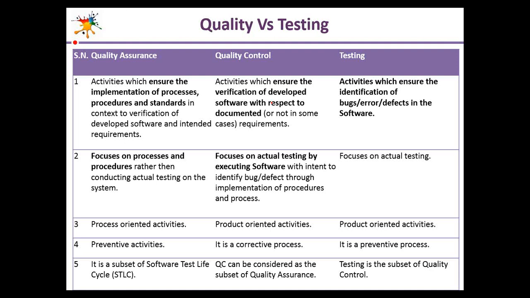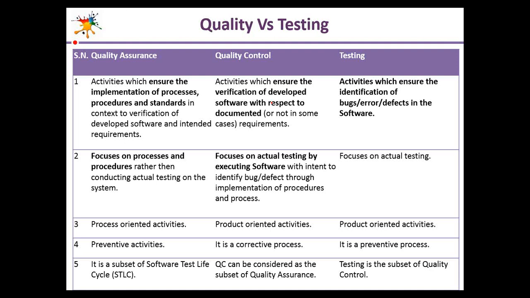Quality assurance is a process-oriented activity, quality control is product-oriented, and testing is also product-oriented. So from these things we can say that quality assurance is preventive, quality control is corrective, and testing is again some sort of preventive. It prevents the users from getting bugs because it finds the bugs earlier than them.